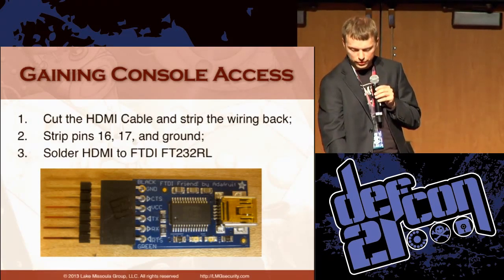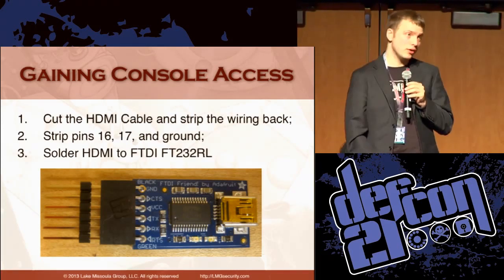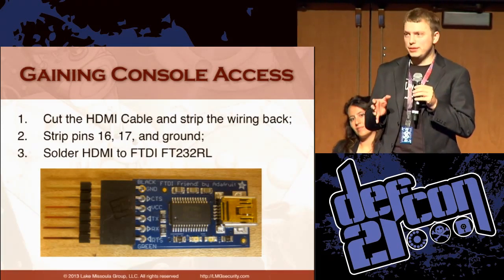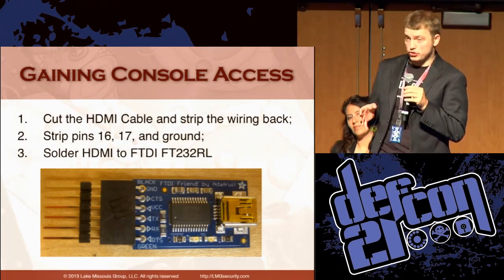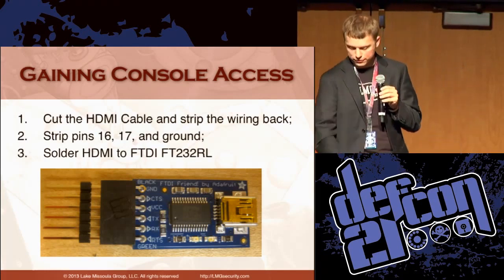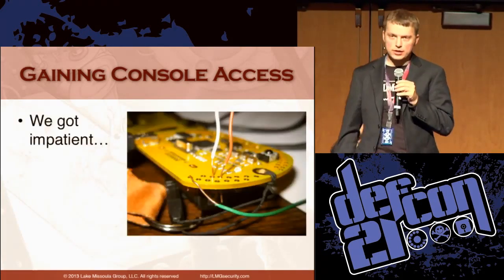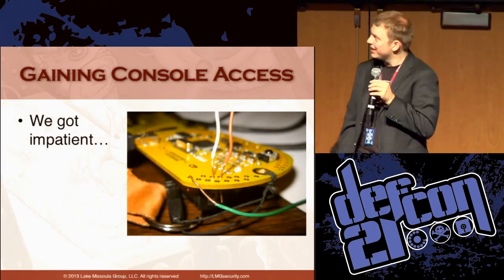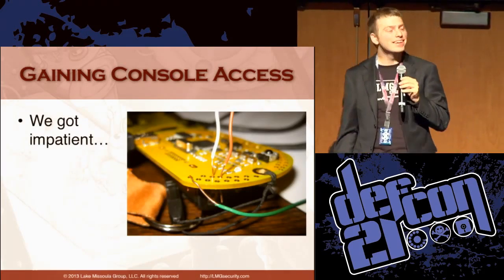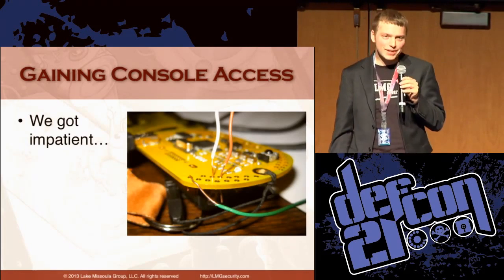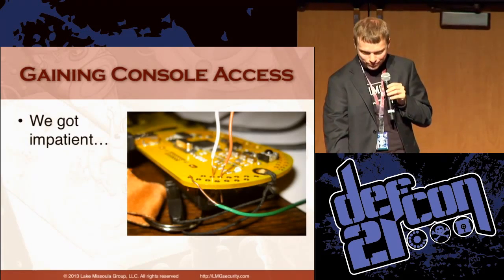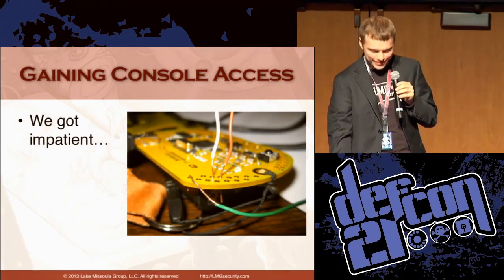It's like a $15 part or something. But I got really antsy while we were waiting for the shipping, and this was right after DEF CON last year. So I just grabbed my badge from last year, and since it had an FTDI connector on it, I ended up using that one. It's a little bit of a hack together solution, but I thought you'd enjoy that.